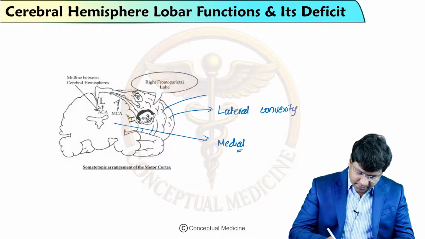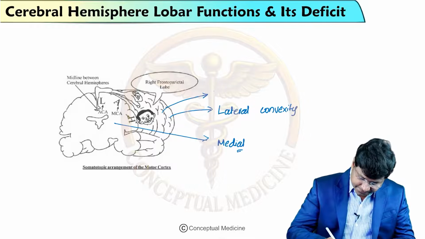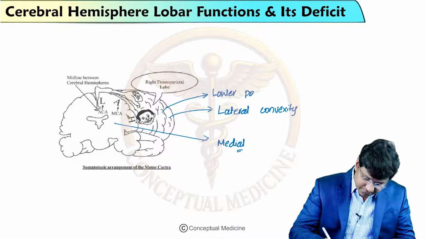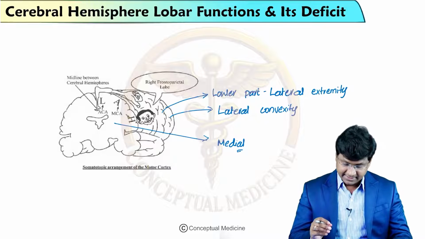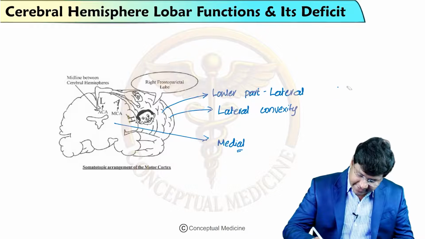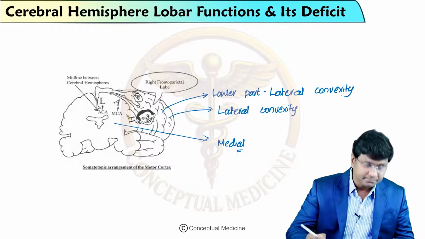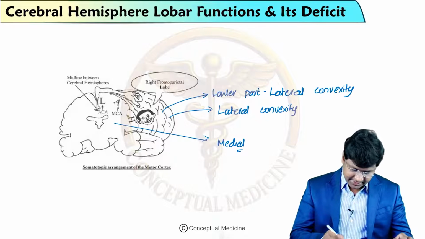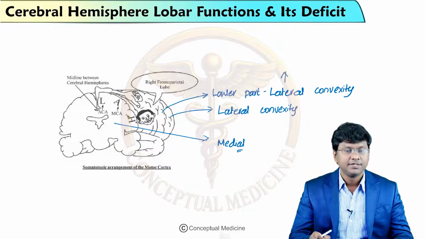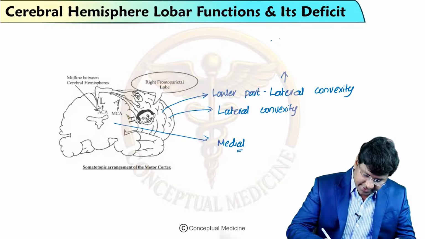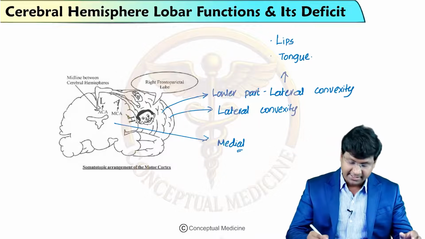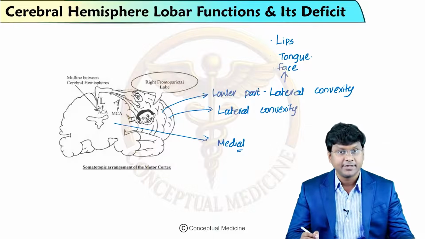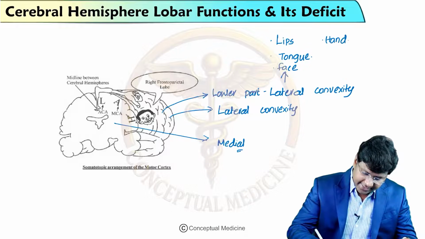In the lower part of the lateral convexity, the areas represented are the lips, the tongue, the face and the hand.